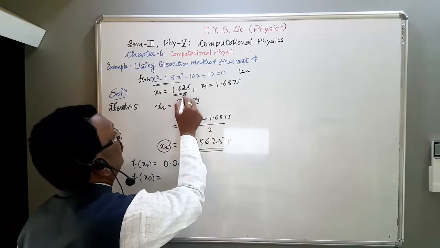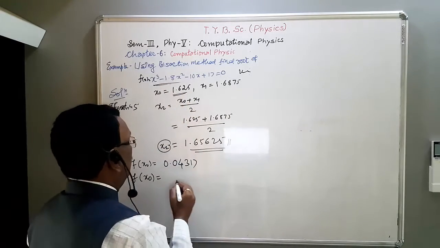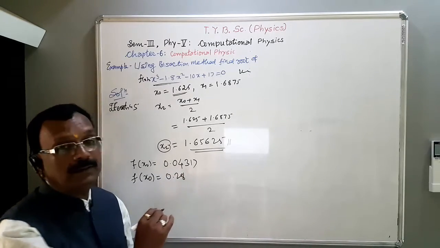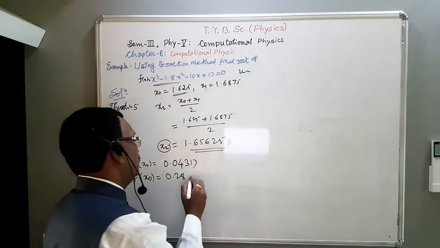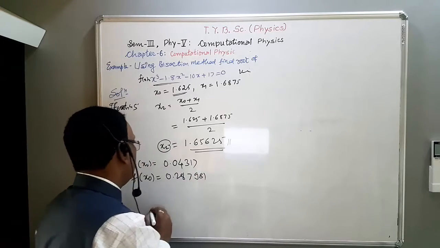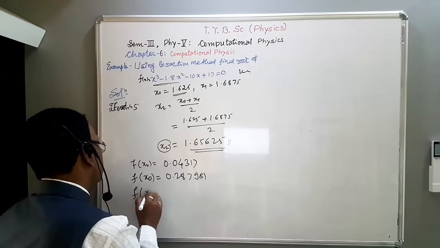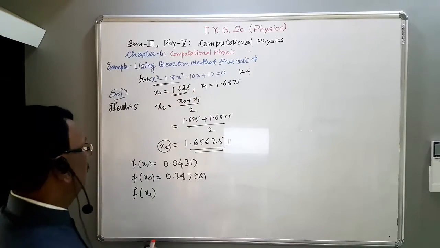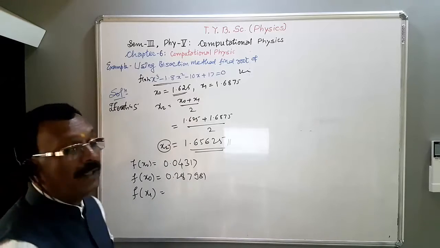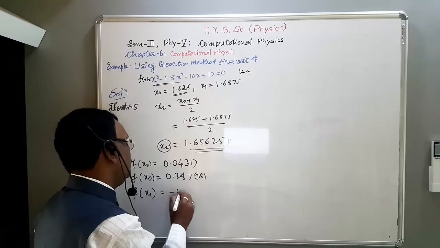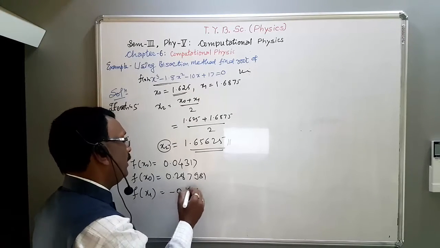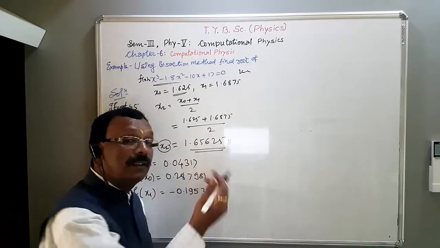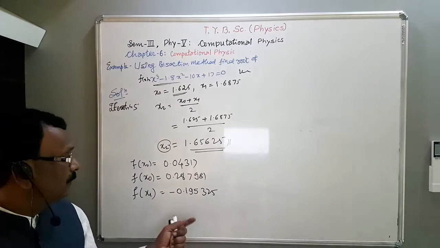When we substitute this value in this function and solve, we will get the answer 0.28791. And when we substitute this value in this function and solve by using a calculator, we will get minus 0.195325.